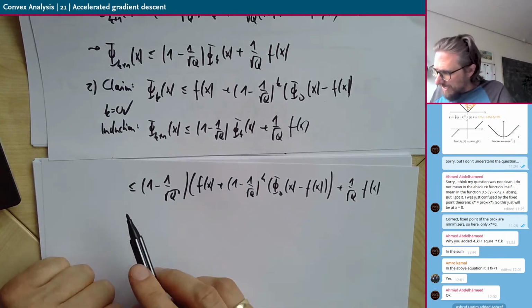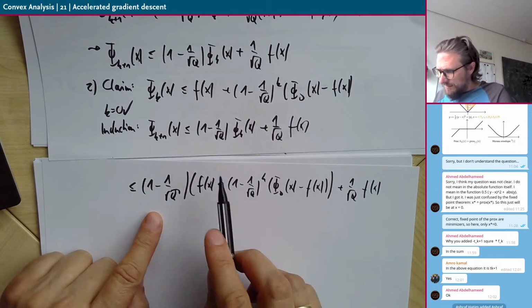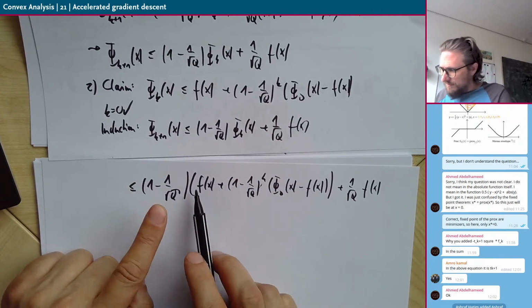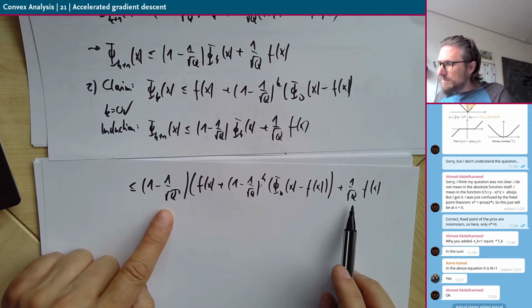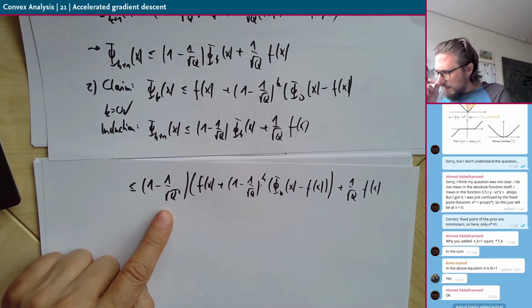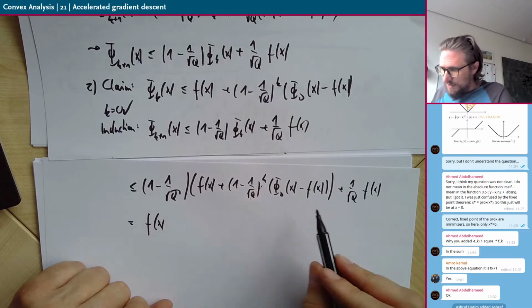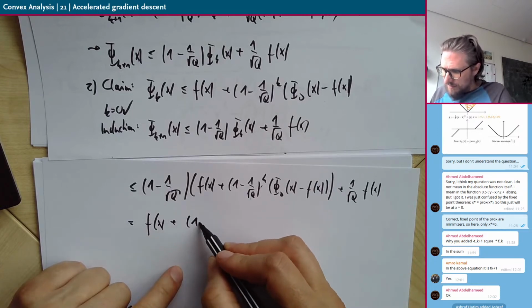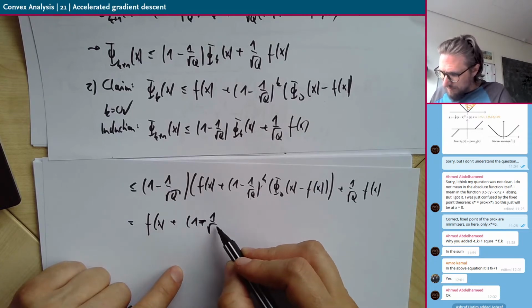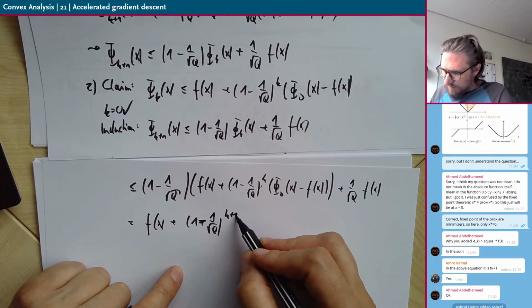If you clean everything up, you see that you get another factor, to the k plus 1, and the minus and plus cancel. And you get this f(x), which comes from here, and then here you get one minus to the k plus 1.